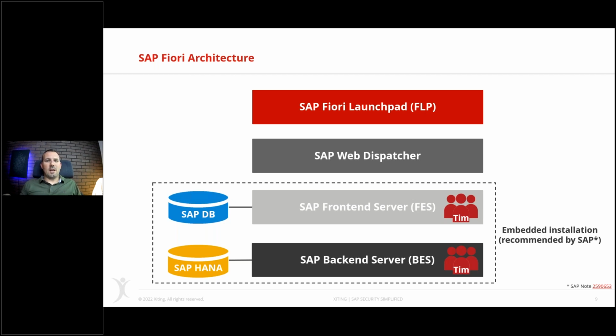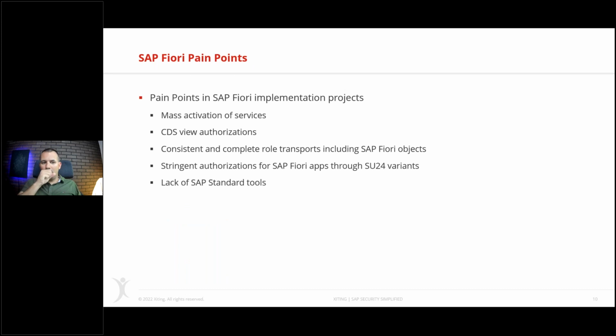If we have a central hub deployment where we have physically two different servers, then we have to add front-end authorizations on the front-end server and back-end authorizations on the back-end server. So there's a little bit more complexity that we have to understand. It's not rocket science, we just have to be aware of that. And if we go with the embedded installation, it's not too difficult to deal with, because PFCG is well capable of adding the correct authorizations to our PFCG roles.